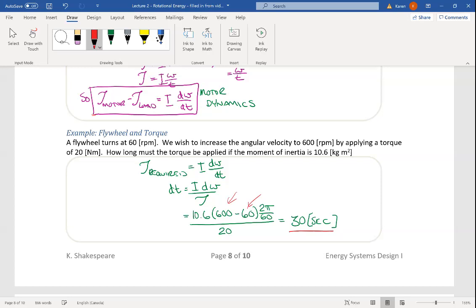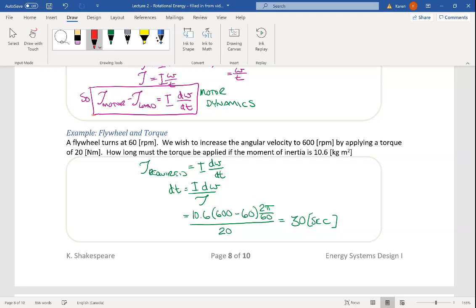We could ask, say, for a wind turbine, right now it's spinning at a certain speed, and our next speed has to be 0. How much torque would that apply to actually braking the system? Or how much torque has to be applied by the force of the wind in order to get it up to synchronous speed?